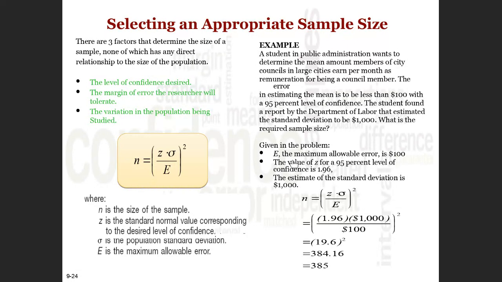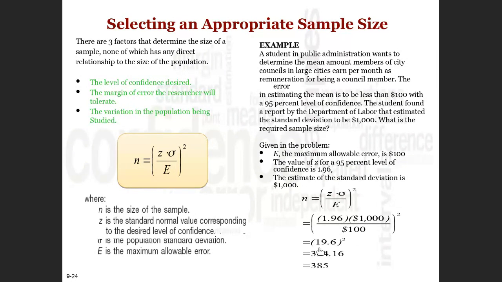So in this formula, E, the maximum allowable error, is $100. The value of z for a 95% level of confidence is 1.96. The estimate of the standard deviation is $1,000. We plug the numbers in. We have 1.96 times 1,000 divided by 100, all this squared.